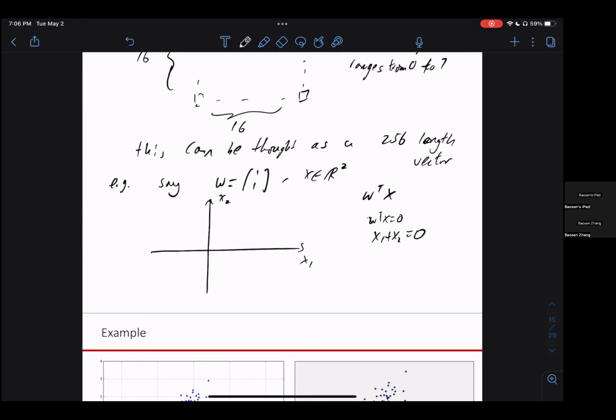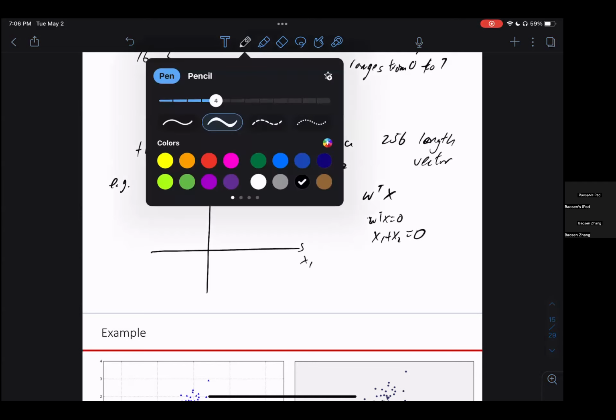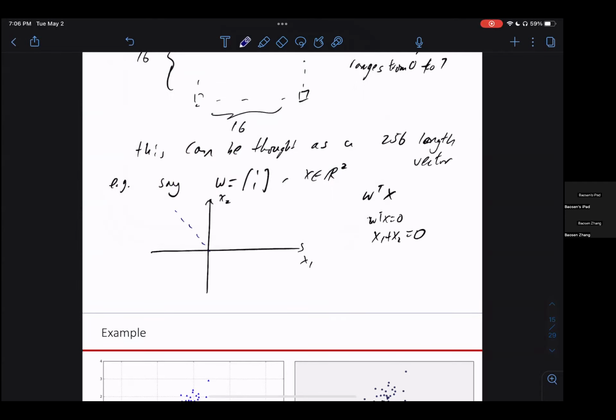It's a line. What does this line look like? The line goes through the origin, looks like this. This is basically your line. So this is your 0 line.